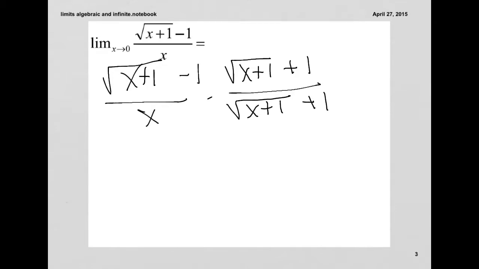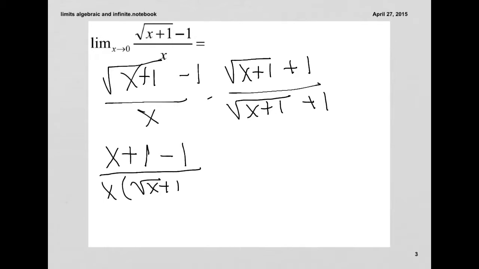On the top that gives me a difference of squares, so that squares the square root of x plus 1, which means I have x plus 1 minus the 1. And on the bottom I have x times the square root of x plus 1 plus 1. Now let's plug in our 0.